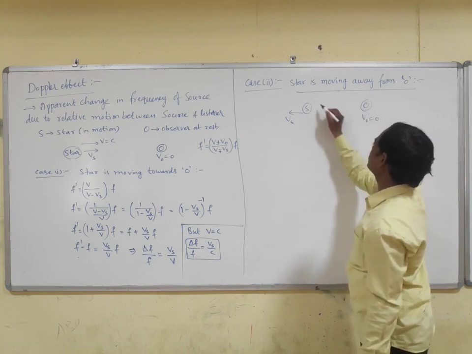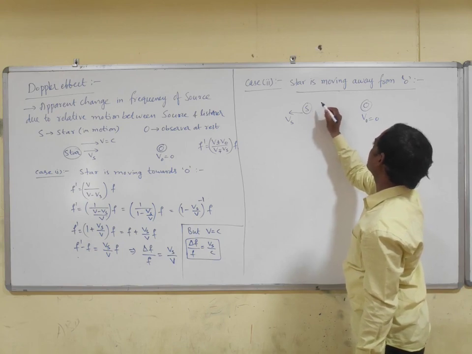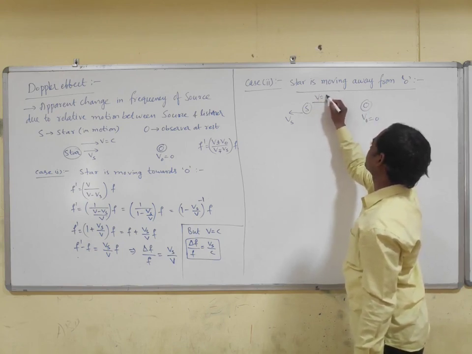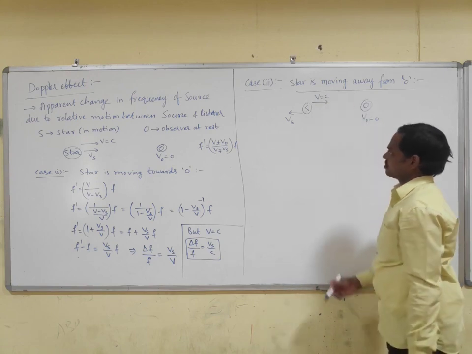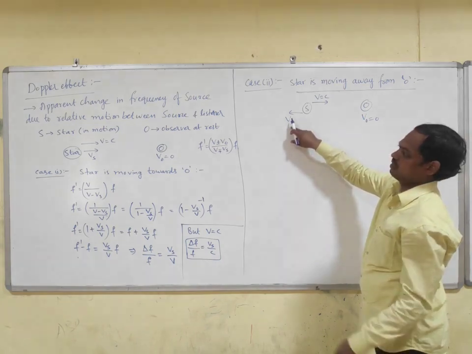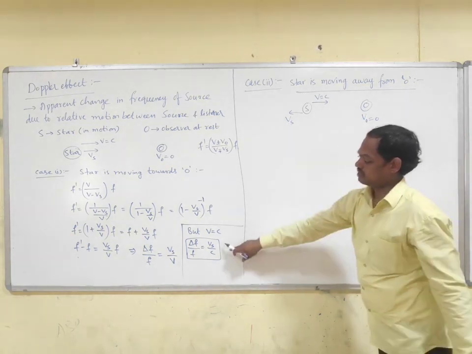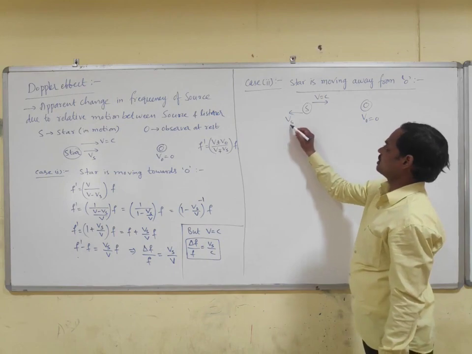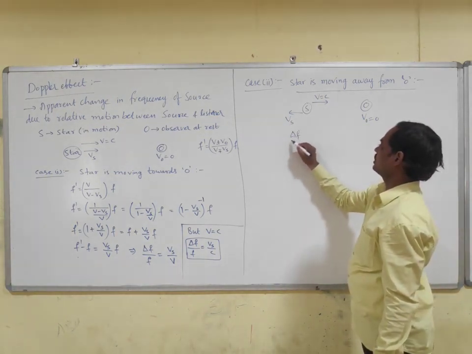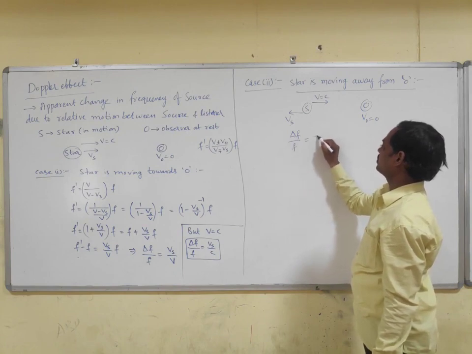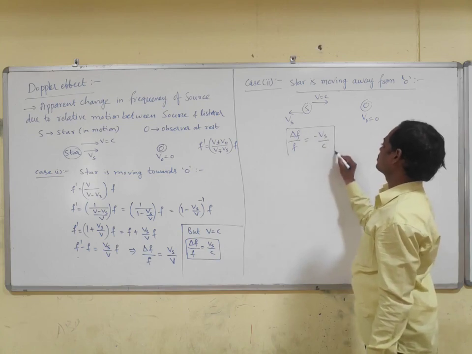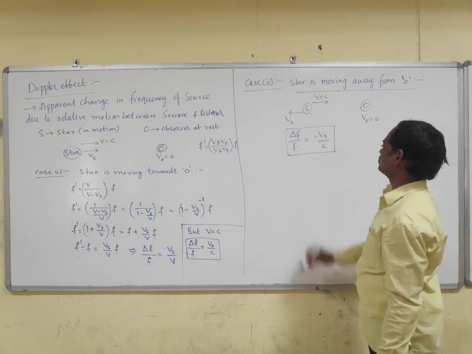Vo is equal to 0, and the light is reaching the observer from the source. This is the light direction. What is the change? Only Vs is opposite to the initial condition, so Vs is substituted with a negative sign. So delta f by f will be equal to minus Vs by c. This is case 2.